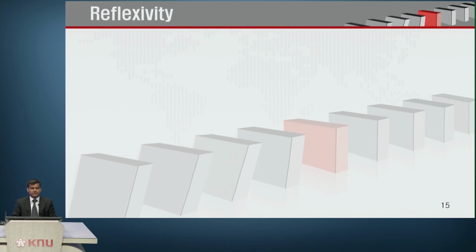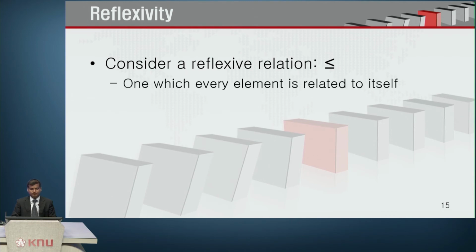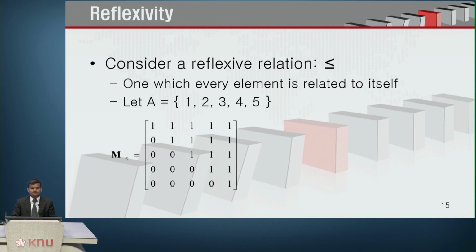Let's talk about reflexive relation. For reflexive relation, you have this less than or equal to, one in which every element is related to itself. Here you have a matrix of the form M sub less than or equal to, a square matrix with 5 rows and 5 columns, and you can see the diagonal elements are the same, that is 1 1 1 1 1.